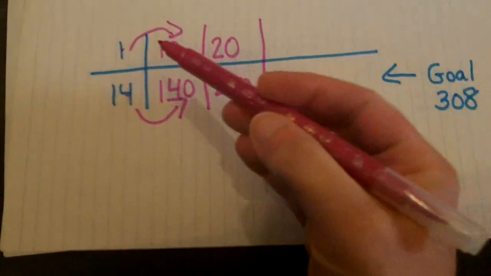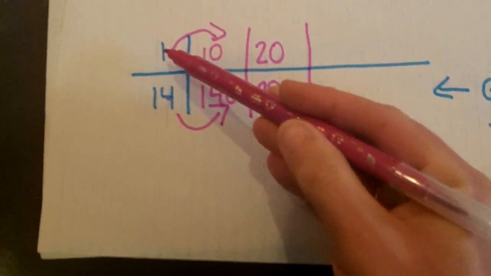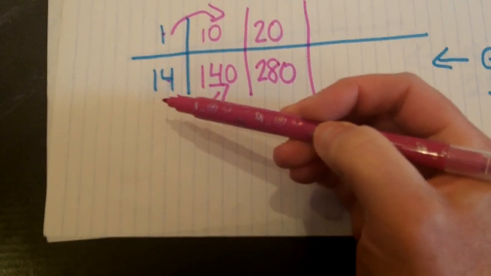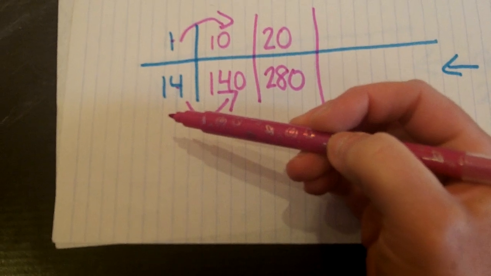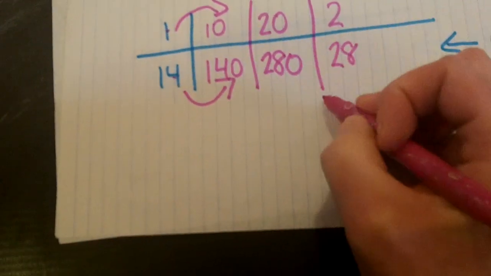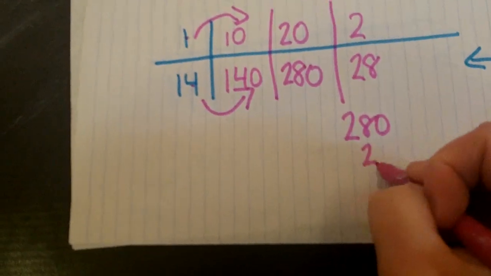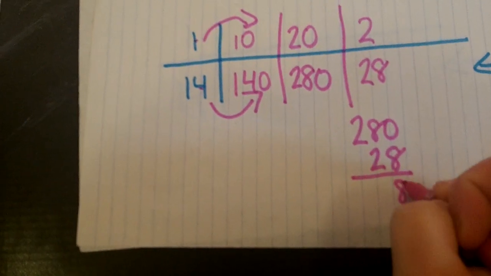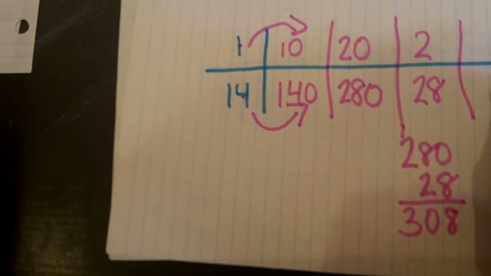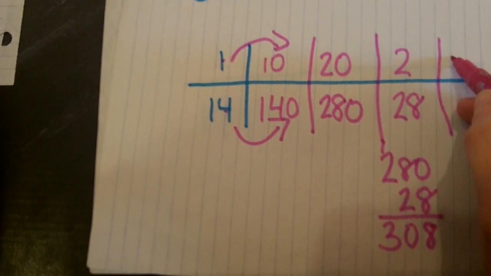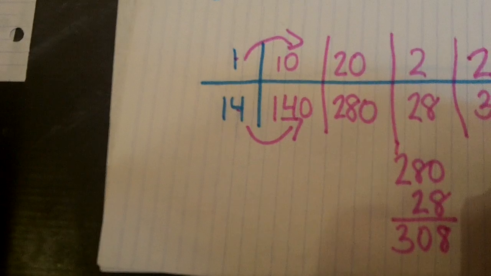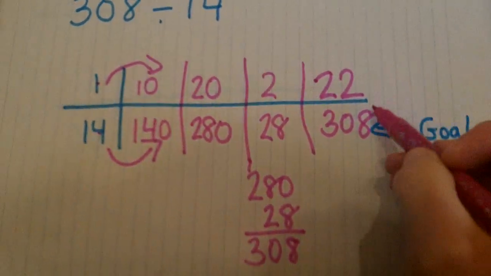And then I know that, let's see, each one is 14. If I double 14, that would get me to 28. 280 plus 28 is going to get me to my goal.